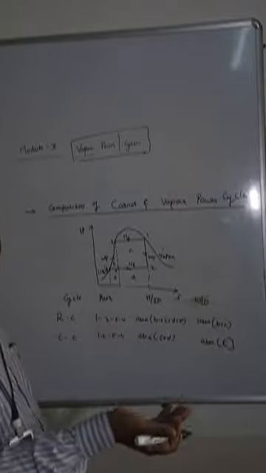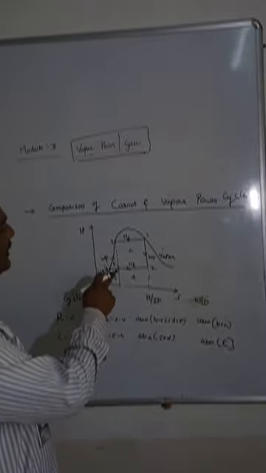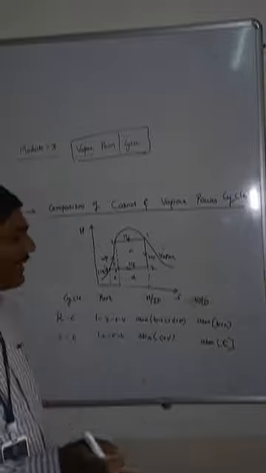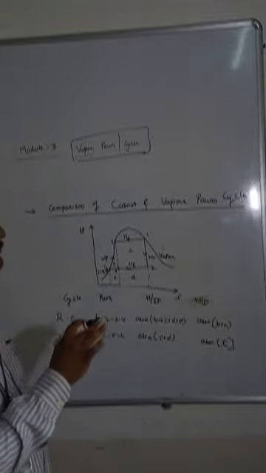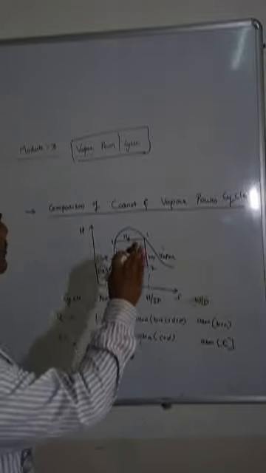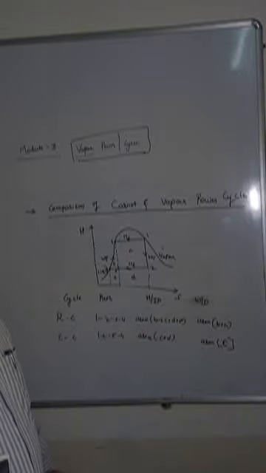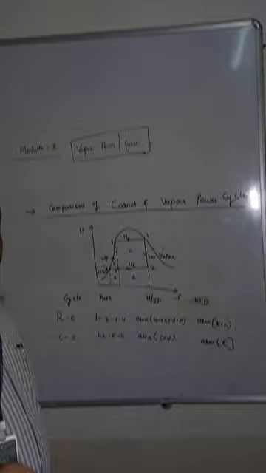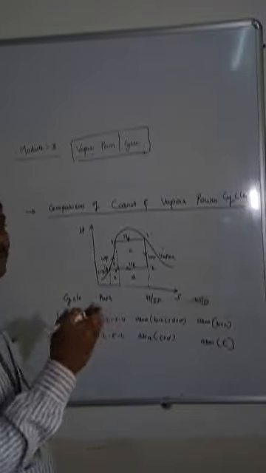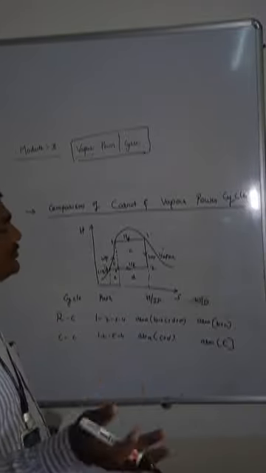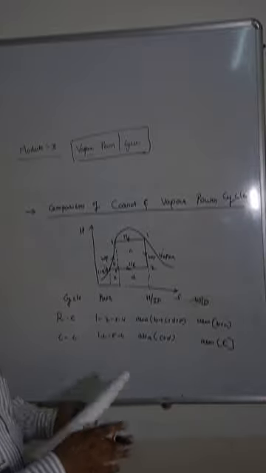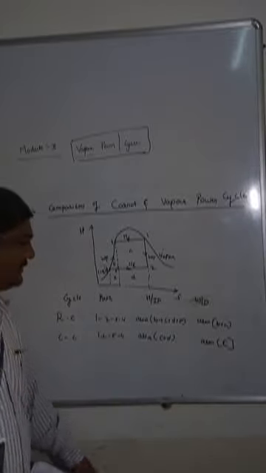But in case of work output, more work output is of Rankine, less work output is of Carnot. So this is how you have to compare and list the area, path and work done, so that it is clearer for understanding. I hope this is clear to you. If any doubts, please call me back and ask through the media. Thank you.